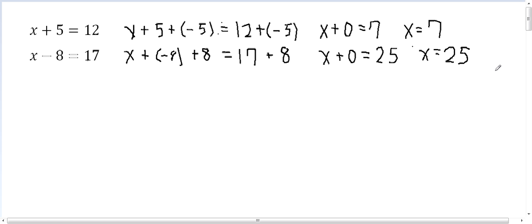Note that we can think of addition by 8 as the opposite process from subtracting by 8. Then we can add 8 to the left-hand side without converting subtraction to addition first.